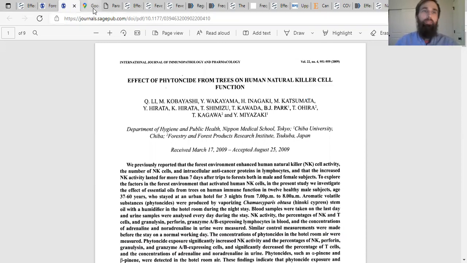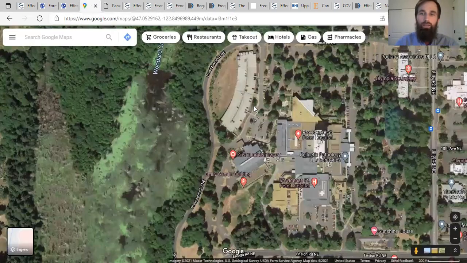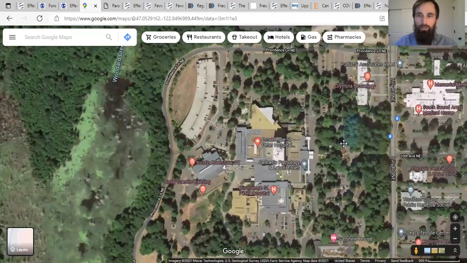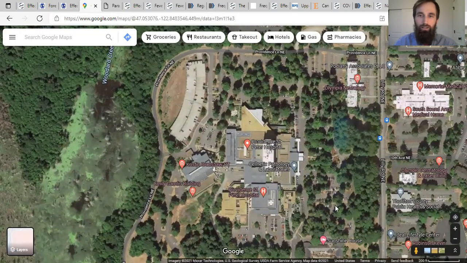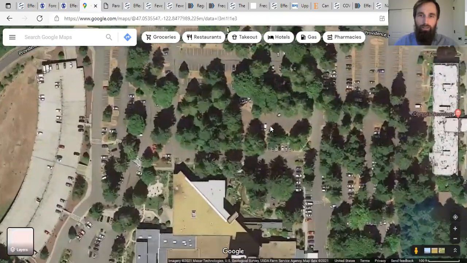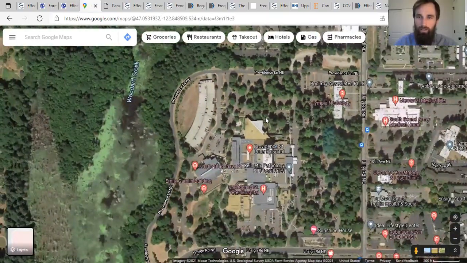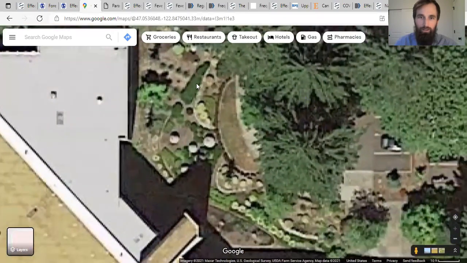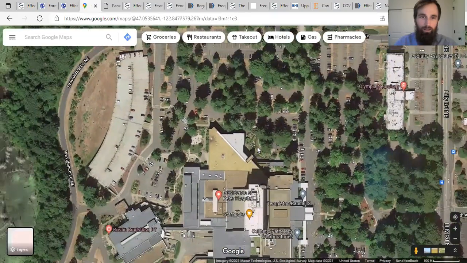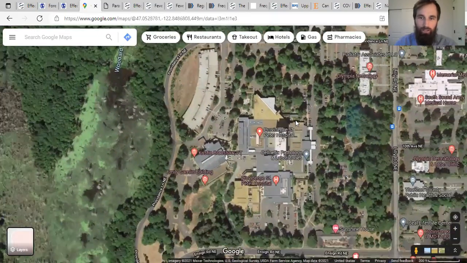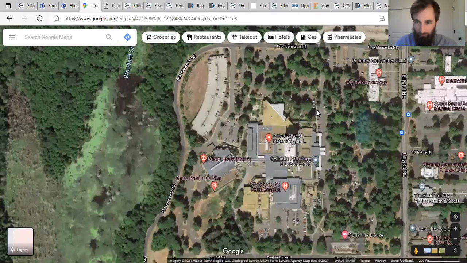One of the things that I really like about where I work at St. Pete's Hospital in Olympia, we have all these trees. You can see all these trees here on our campus. There's hundreds of trees, and there's even all these little ornamental gardens here. And that's one thing I'm trying to do more of, is get outside when I have a break to breathe those fresh aromas in and get my natural killer cells working.